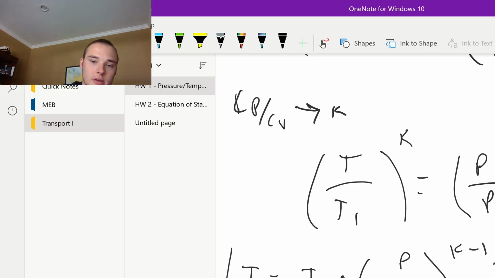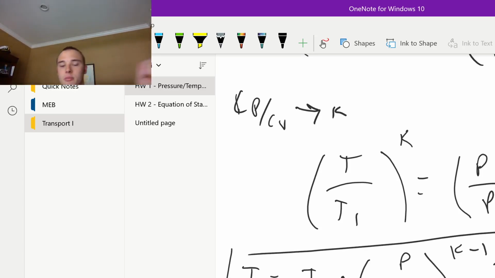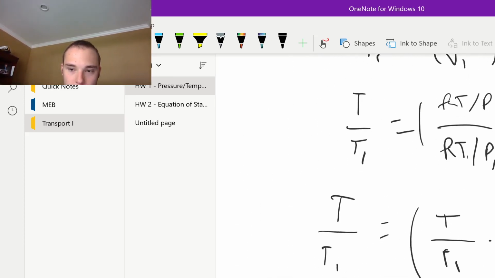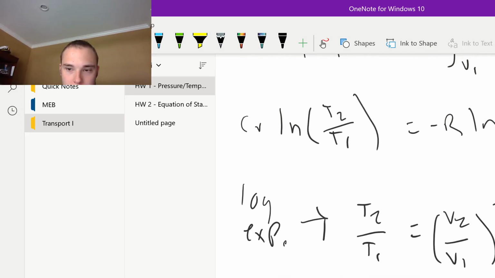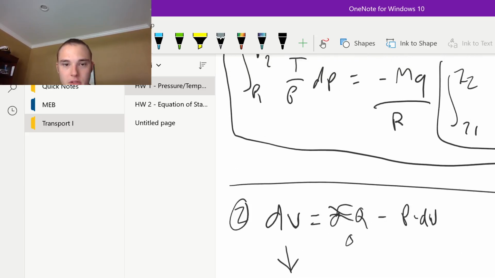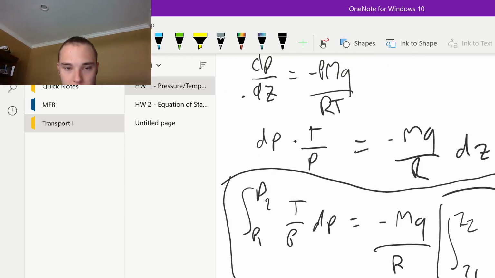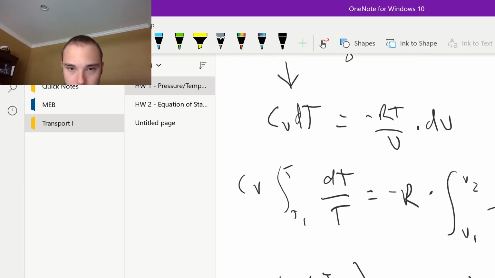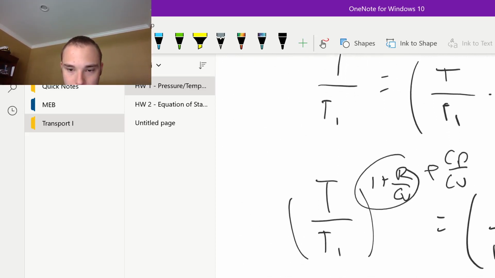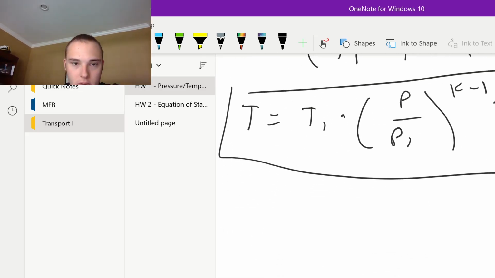Okay, so this is our temperature equation that we're going to want to plug in to the equation that was relating the temperature and the pressure up here when we got it from the basic equation of statics. So we can take this equation that we circled up here and we can plug the T right into this equation. So what we're going to have is, I'll just go ahead and draw an arrow.